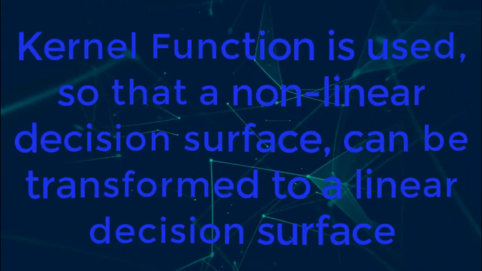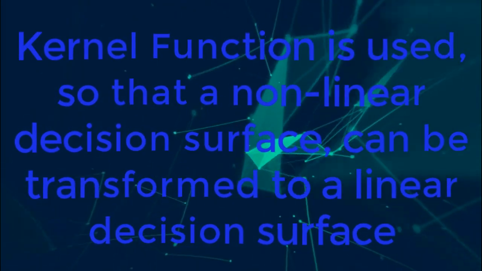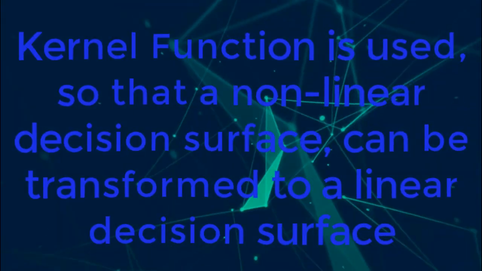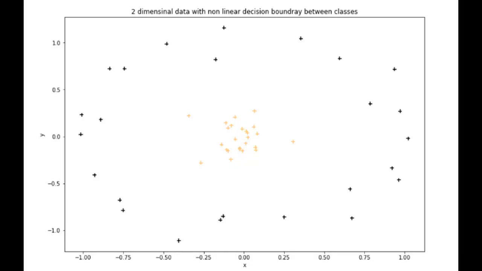Kernel function is used so that a nonlinear decision surface can be transformed to a linear decision surface in a higher dimensional space. For example, a dataset having two-dimensional nonlinear decision surface can be transformed to a three-dimensional dataset having linear decision surface using a kernel function.